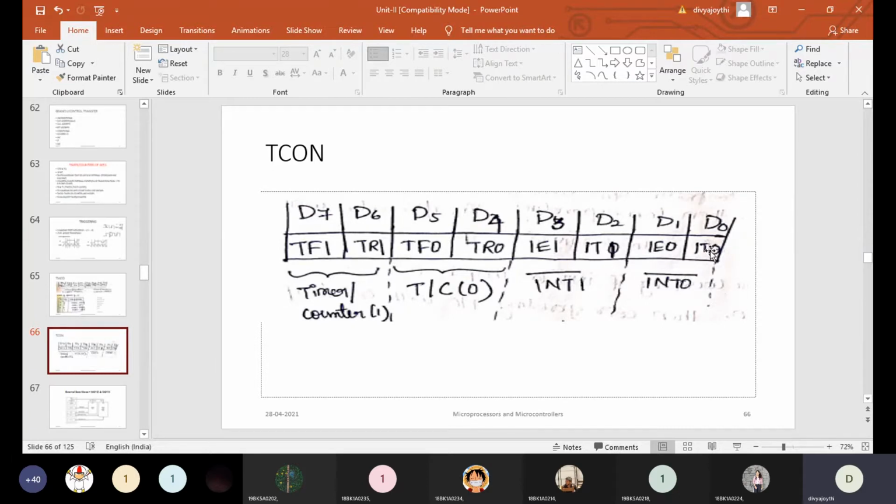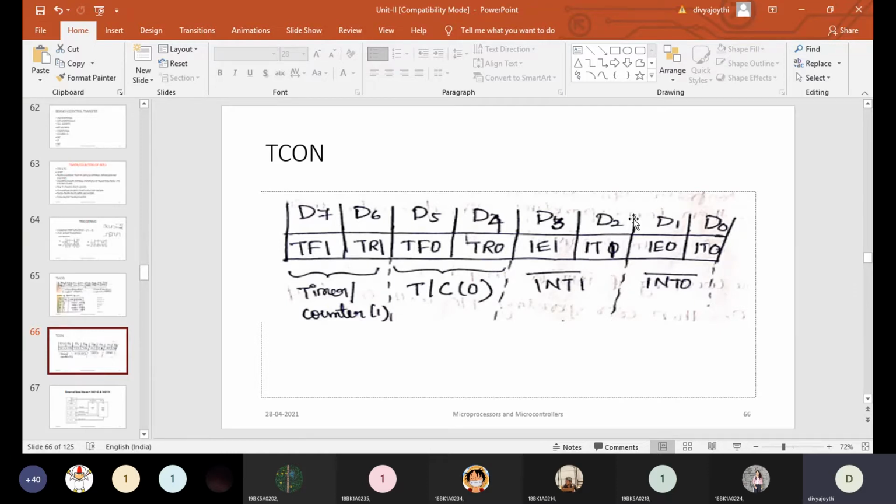And if these two bits, D0 and D2, are zeros, then the interrupts are executed at low level triggering. So if it is 1, they are executed in edge triggering mode, and if they have zero values, they are executed in level triggering. Level triggering has two types, low level and high level, right?